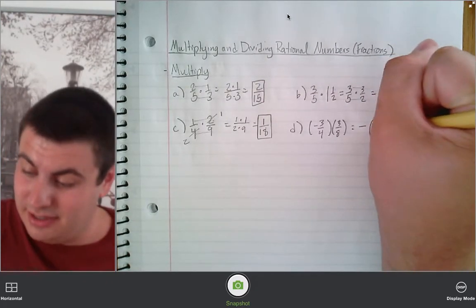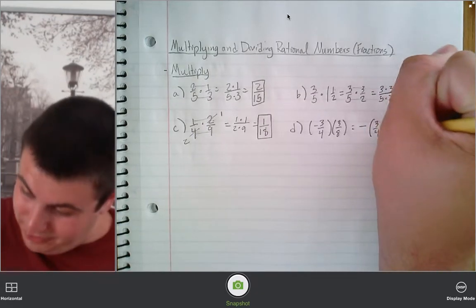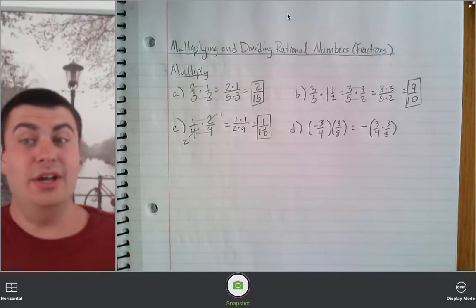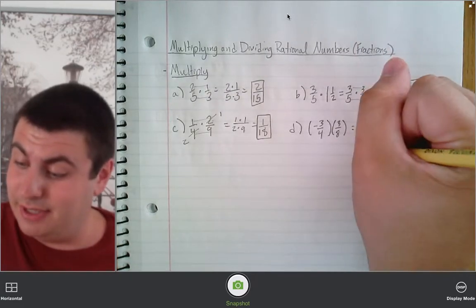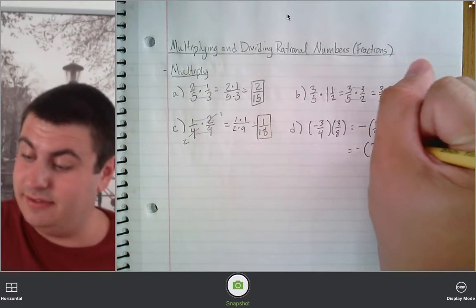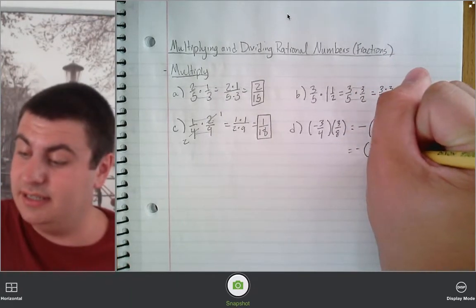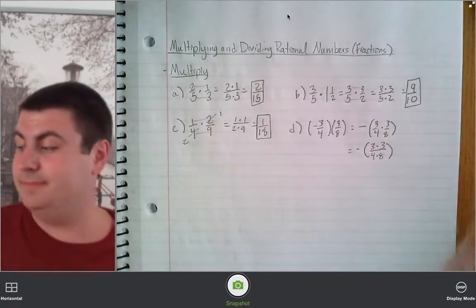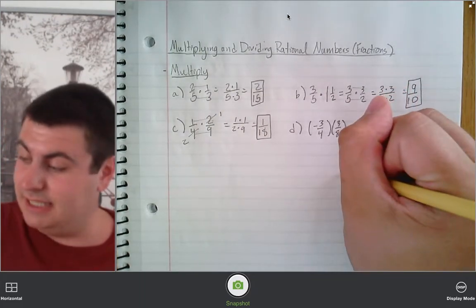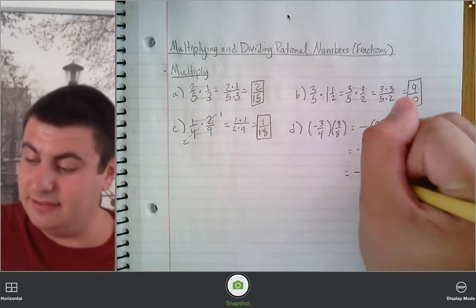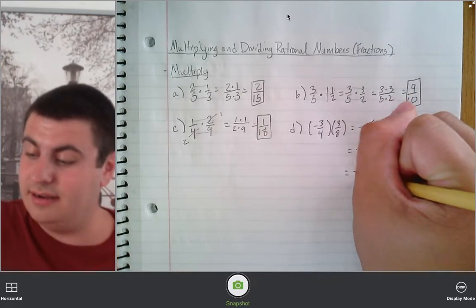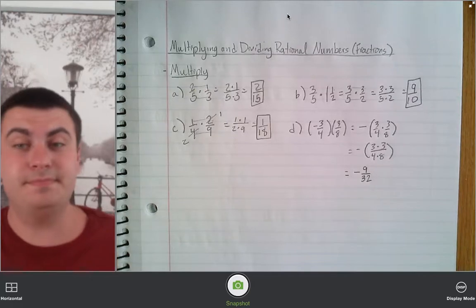So negative 3/4 times 3/8. We're going to treat this just like we would. So negative 3 times 3 over 4 times 8, which leaves us then with negative 9 over 32.